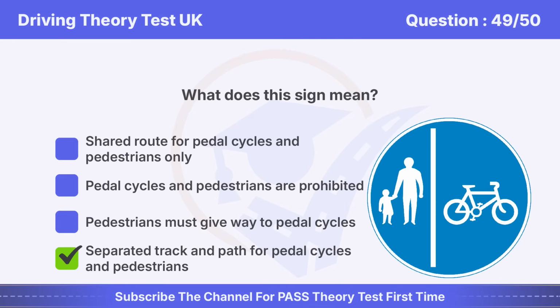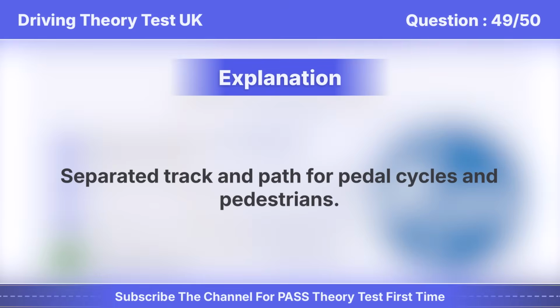Answer is D. Separated track and path for pedal cycles and pedestrians.